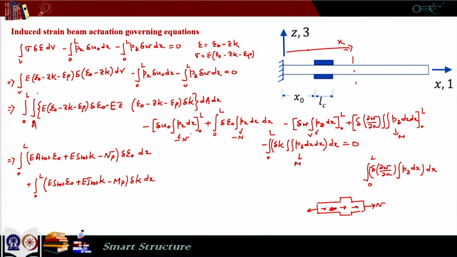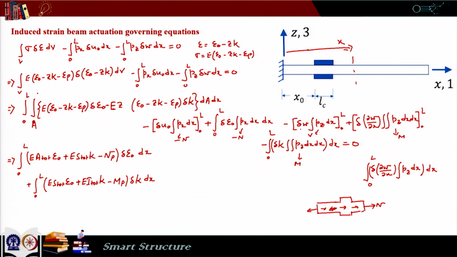Now, if we look at this boundary term, this term is 0, because at x equal to 0 I have u specified, it is clamped. So, delta of u 0 is 0. At x equal to L I have no axial force, no n here. So, it is 0, and this term vanishes. This term, again the boundary term at x equal to 0, W I know is specified, which is 0 for our case.